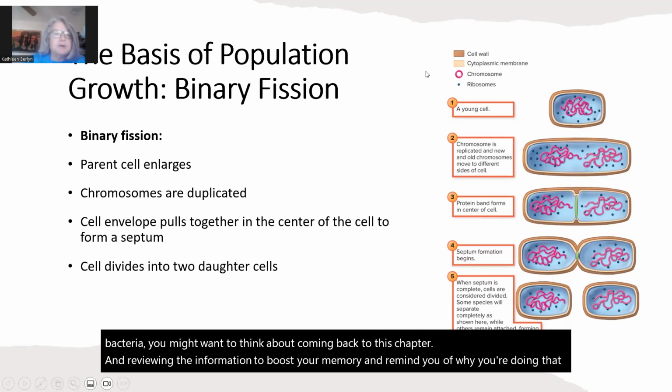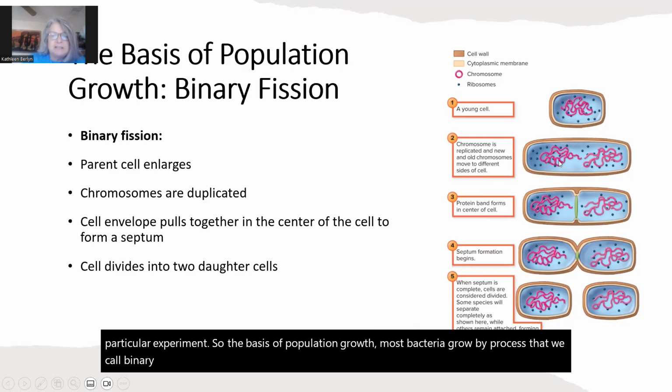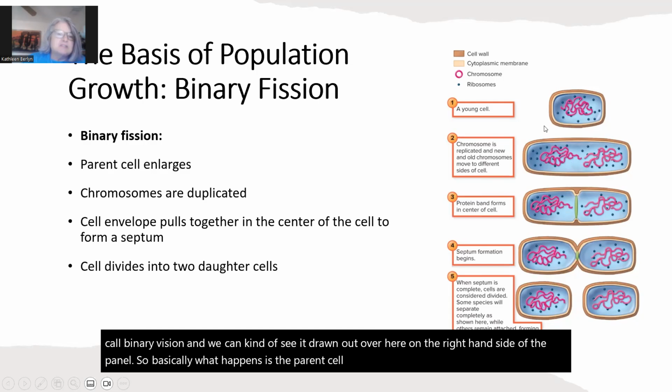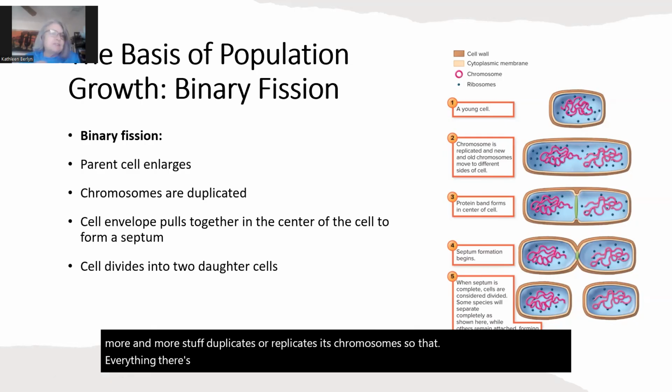So the basis of population growth: most bacteria grow by a process that we call binary fission, and we can kind of see it drawn out over here on the right-hand side of the panel. So basically what happens is the parent cell just starts to enlarge a little bit and makes more and more stuff, duplicates or replicates its chromosomes, so that there's twice as much stuff as the cell actually needs.